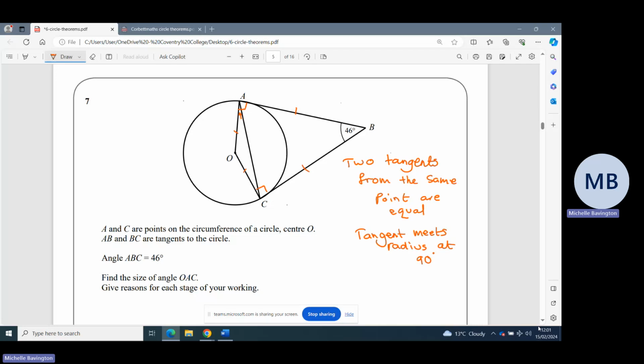Right, I have to do some adding up here. So that's got to be the same as that. I could work out the isosceles triangle. So, okay, two tangents at the same point are equal. So these are equal.